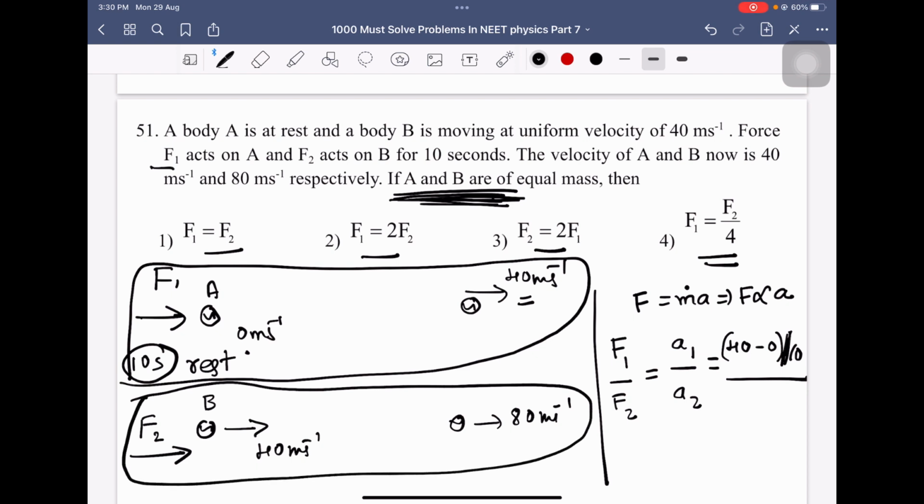Acceleration of the second body is final velocity, 80, minus initial velocity, 40, divided by 10. This 10 here and this 10 here get cancelled. So F1 by F2 is equal to 40 divided by 40, which is equal to 1. So what does it mean? F1 is equal to F2.